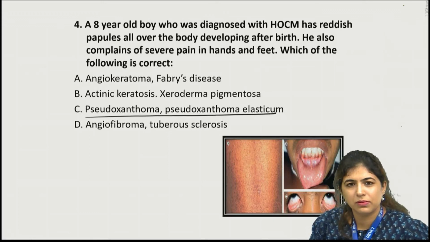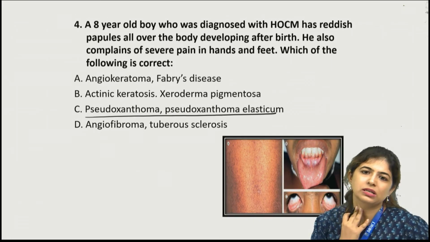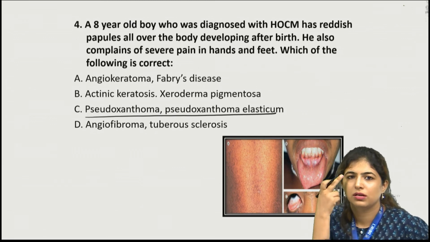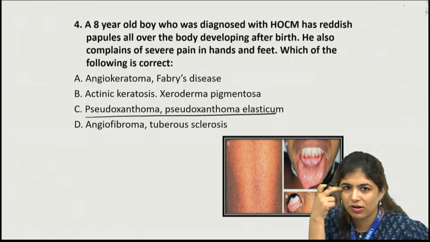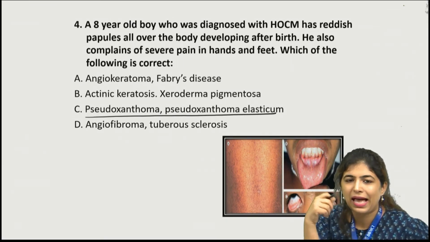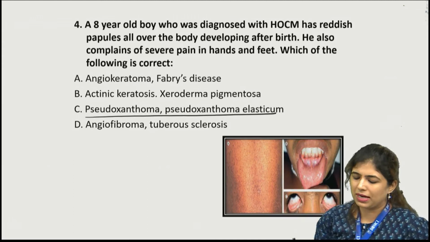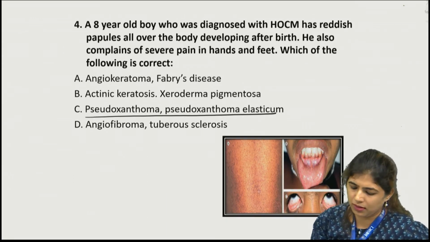Pseudoxanthoma elasticum is actually a defect of the extracellular matrix, leading to classical features like plucked chicken appearance of the neck, angioid streaks in the retina, and cardiovascular disorders like aortic dissection because of the damage to the matrix of the aorta.